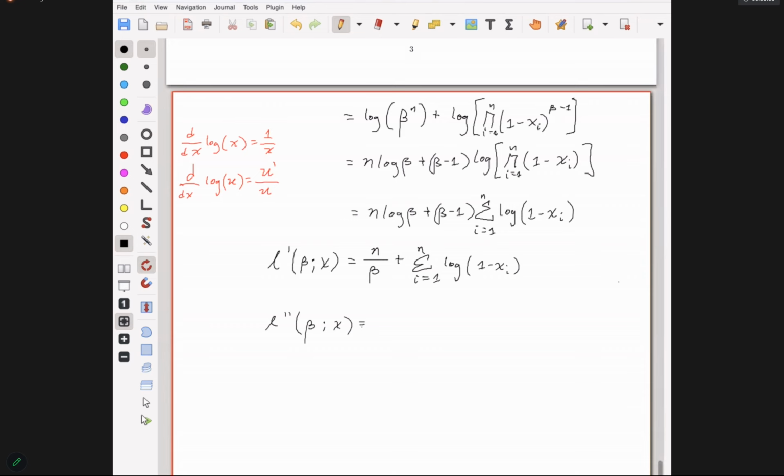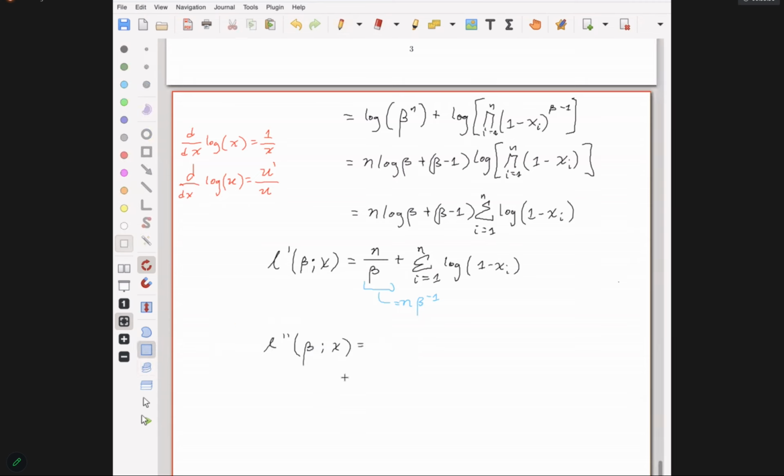I'm not sure what the derivative is for n over beta. So we can write this if we want as n times beta to the negative first. Does that make sense?